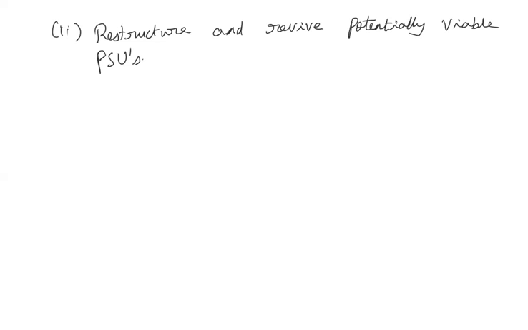I explained to you the meaning of potentially viable PSUs. That is merging one sick unit with another public sector unit which is sound, which is healthy. So that is the restructuring. Whichever sick unit can be operated with a little bit of assistance from the government, those kinds of public sector units have to be restructured, maybe in the form of merging the sick viable public sector unit with a healthy unit. That is the second policy.